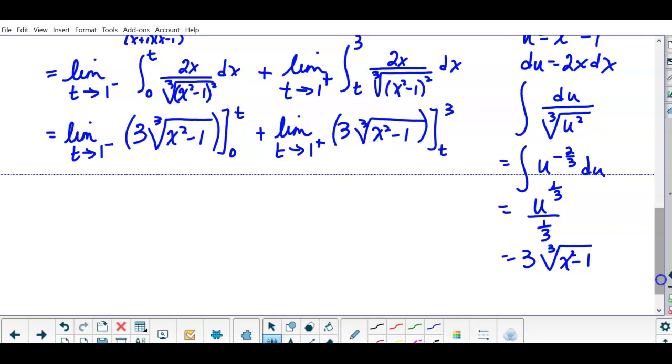Can't combine it into 1. I use t's, but they're separate, so that's okay. They're separate terms, but you can't combine them into 1 because t is approaching 1 from different directions. So maybe you might want to use t here and b in the second one, or something like that.